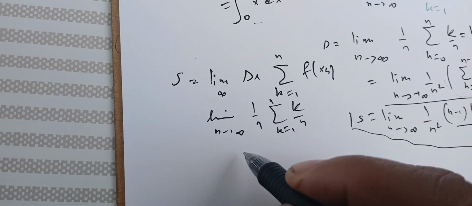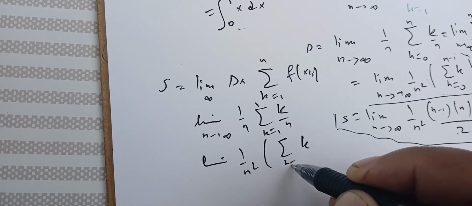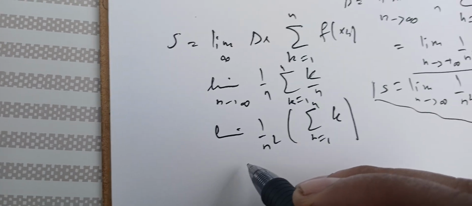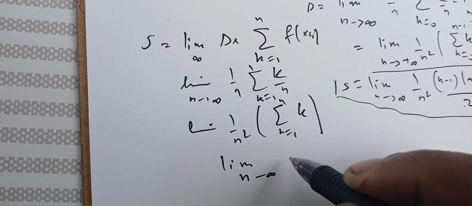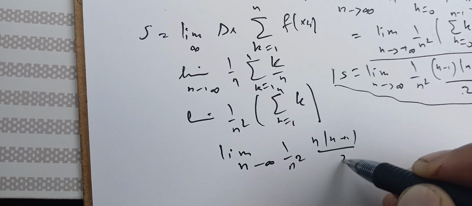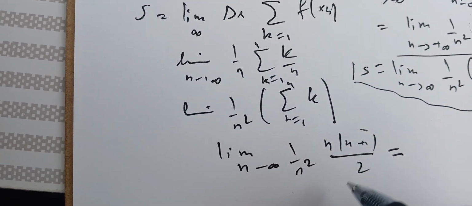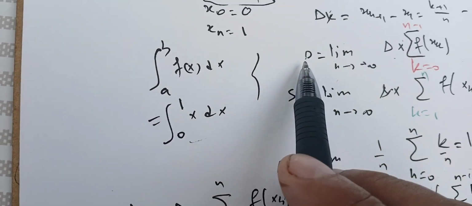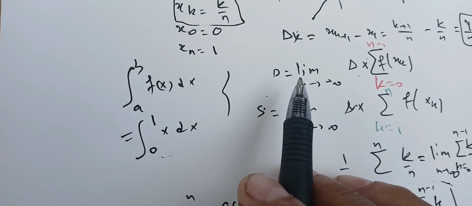If we take the n outside, it's going to be the limit of 1 over n squared times the sum of k going from 1 to n. But we know this. So it's the limit as n goes to infinity of 1 over n squared times (n plus 1) n over 2. What's this one here? 1/2, that's the limit.